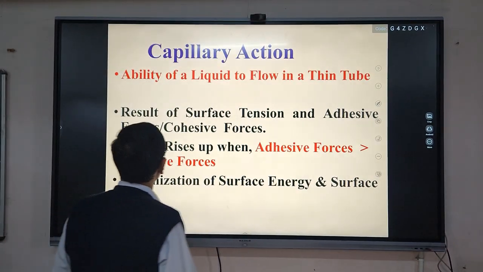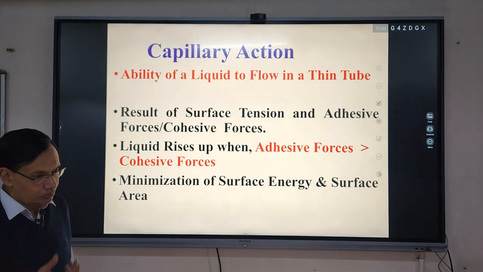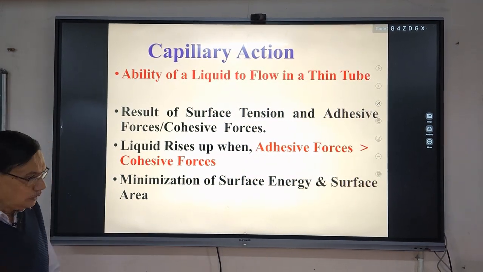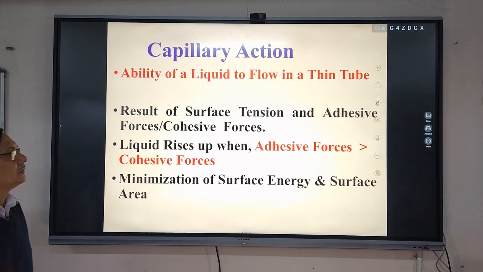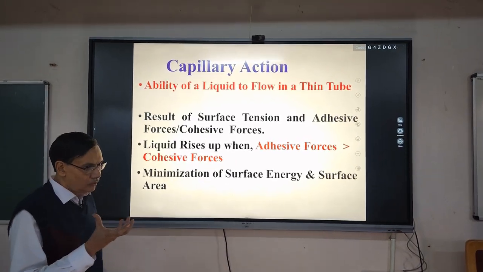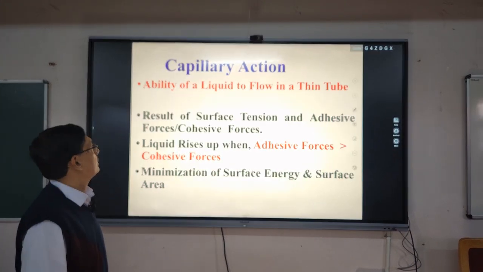You all know that the molecules of liquid tend to adopt the minimum area. Therefore, most liquids are spherical in nature.